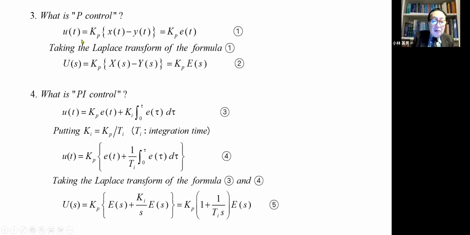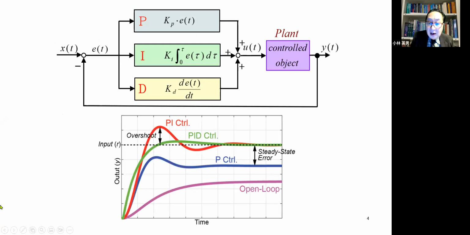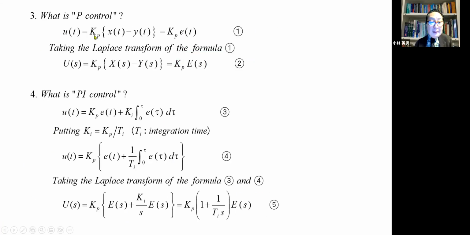So here, P control, u(t) is given like this: input minus output, which becomes the error, times Kp. The x(t) minus y(t) is e(t). So P control is expressed as this formula, number one formula, okay?